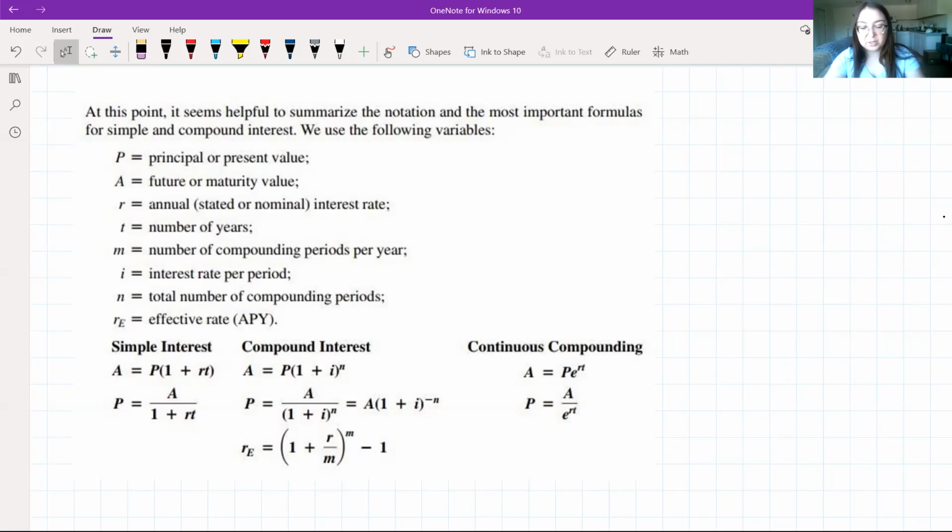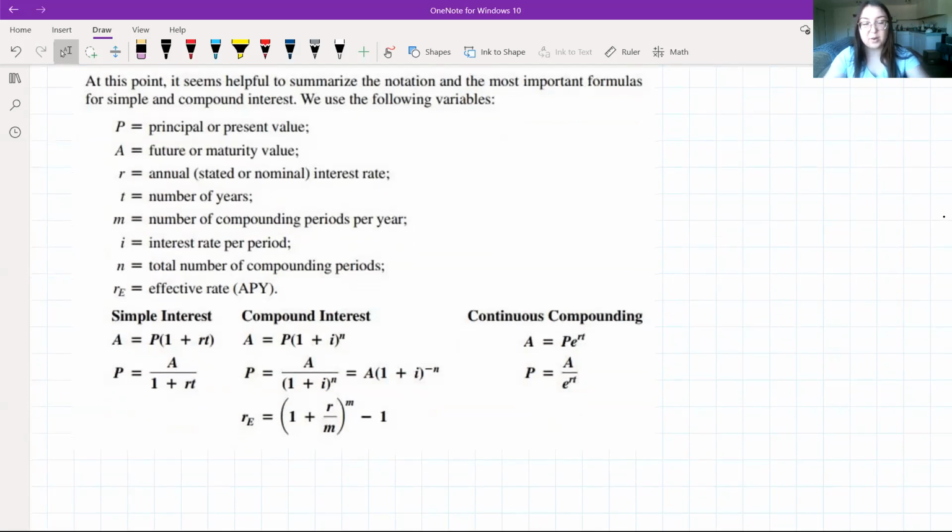Then we have N, which is our total number of compounding periods. So our N value is however many periods for a certain number of years, where M is just our number of periods per year. If it were quarterly, our M would be 4, but if we said quarterly for 2 years, then N would be 8. Then we have R sub E, which is our effective rate or our APY.